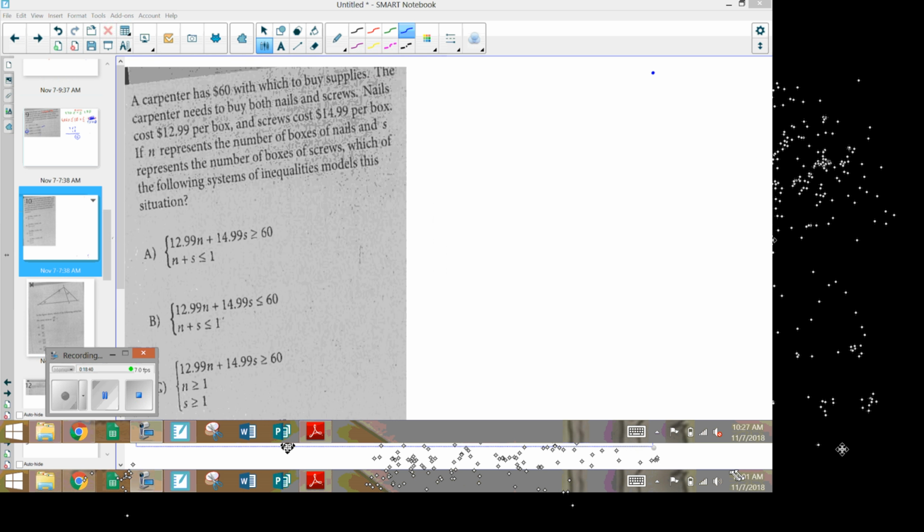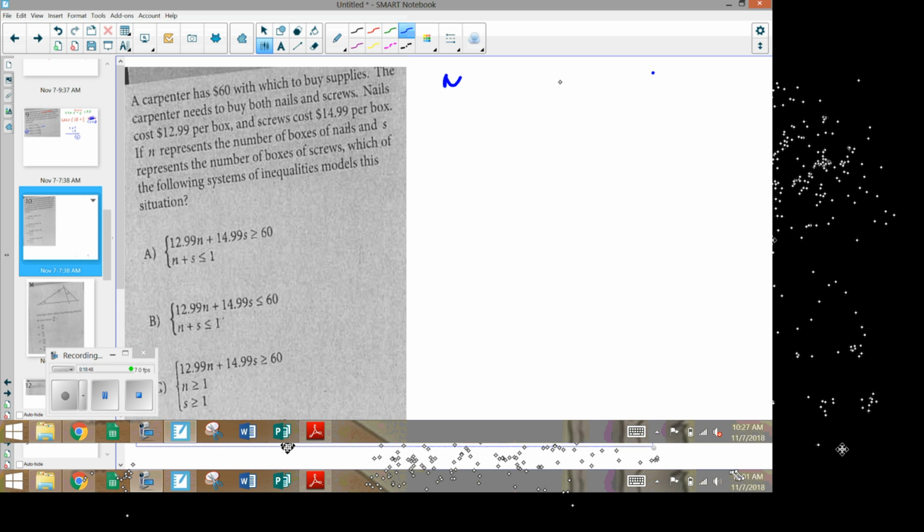With which to buy supplies. The carpenter needs to buy both nails and screws. Nails cost $12.99 and screws cost $14.99.